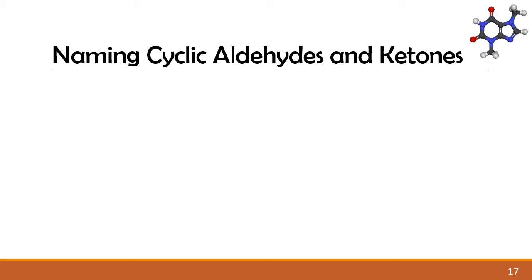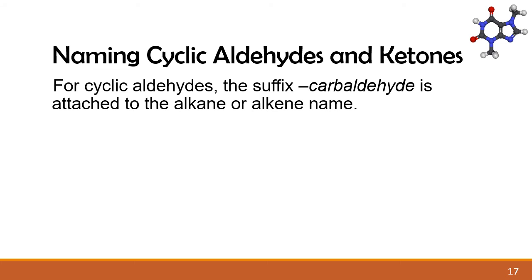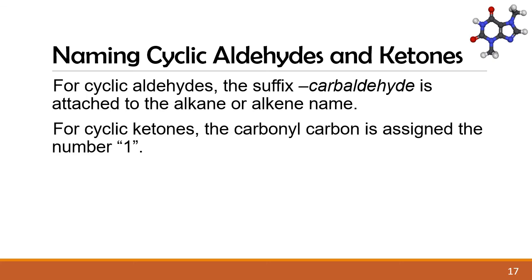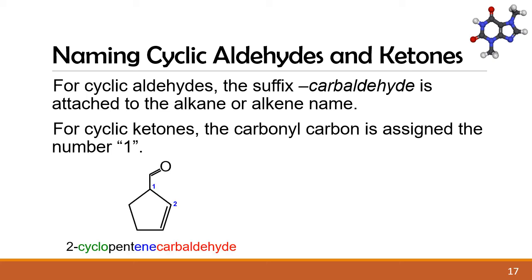Aldehydes and ketones can also exist as cyclic compounds. When an aldehyde is part of a cyclic compound, we name the compound using the suffix carbaldehyde. For cyclic ketones, the carbonyl carbon is assigned the number 1. In our first compound, we have a cycloalkene with 5 carbons.